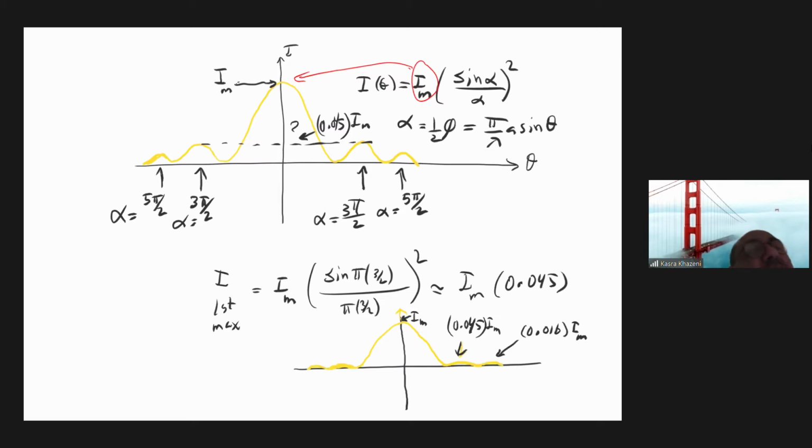Whenever I drew it before, it looked like those were really large, but they're really, really small. The main peak is called the main peak for that reason. The other ones are just tiny. It's a huge reduction in the amplitude of the secondary maxima.